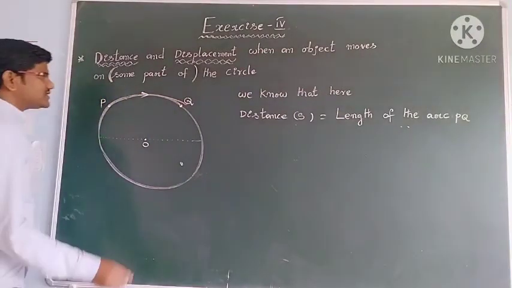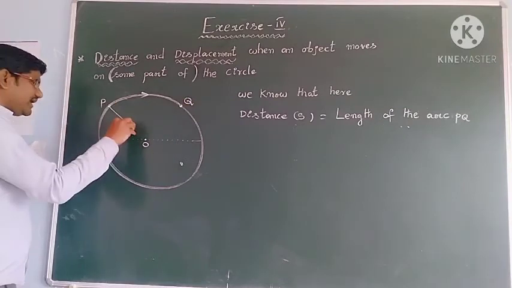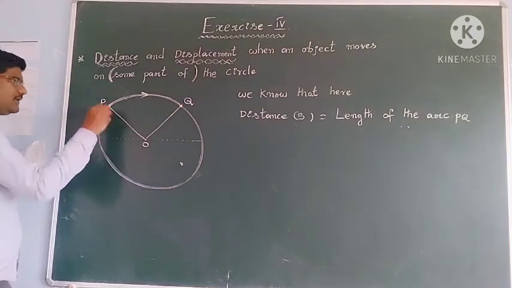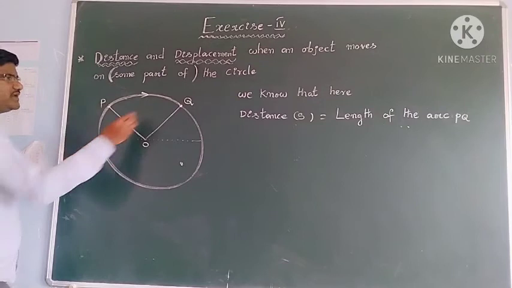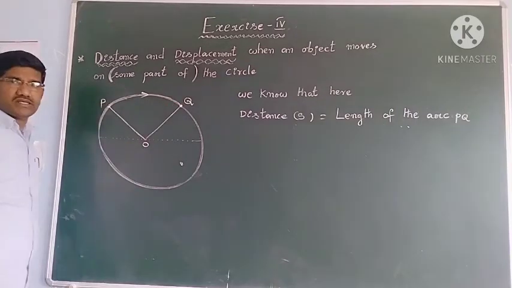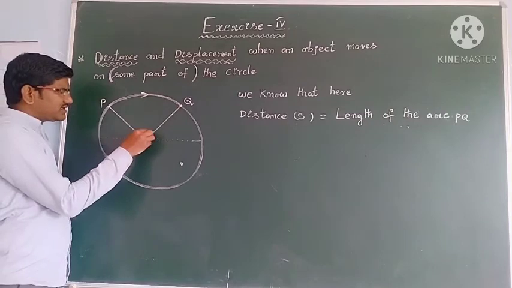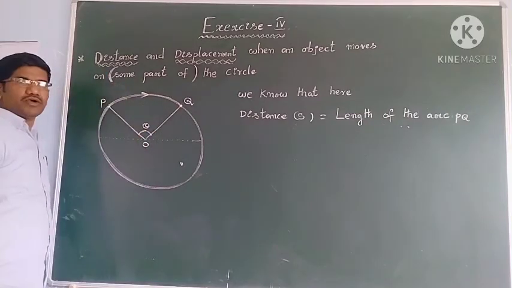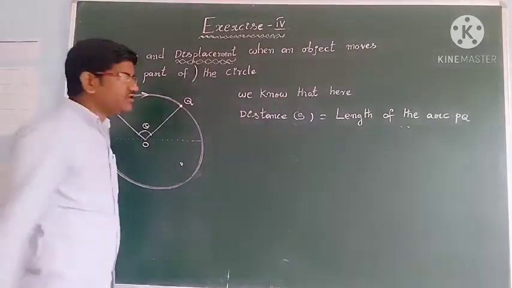Okay students, and this PQ makes some angle at the center. If you join from Q to center of the circle, this is P and this is Q, you know students. This PQ is making some angle at the center of the circle. Let that angle be theta. Now I want length of the arc.